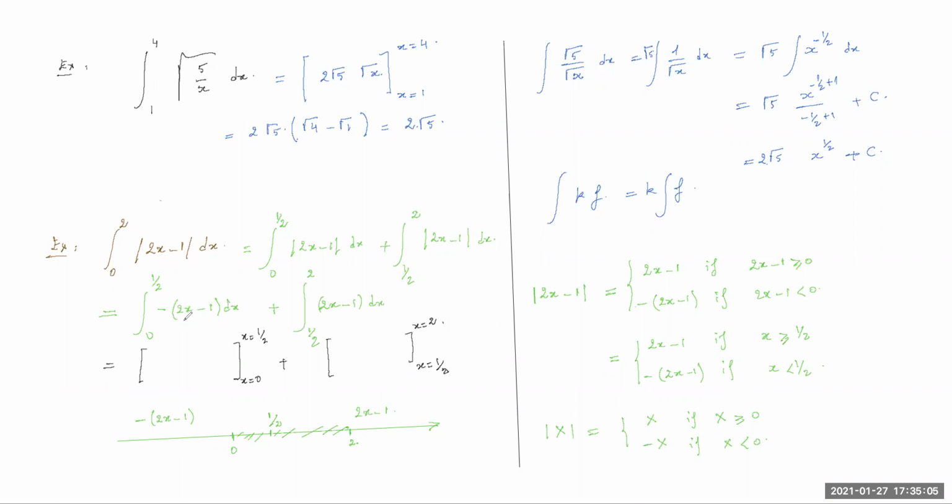Let's erase this part here. So we need an antiderivative of minus 2x plus 1. What is an antiderivative? It's simple.